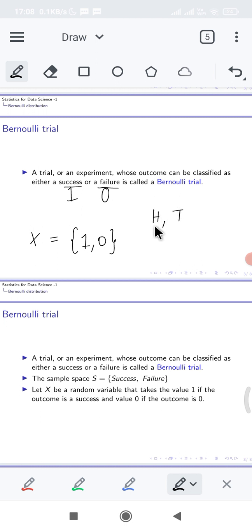So here, if you denote heads with success and tails with failure, you can say that this is a Bernoulli trial. Let me tell you guys that in a Bernoulli trial, it isn't necessary that the probability of getting success is half and failure is half.